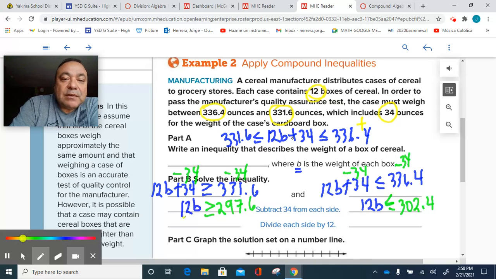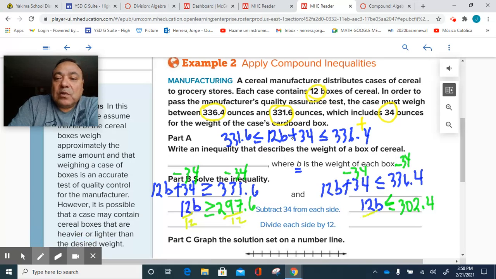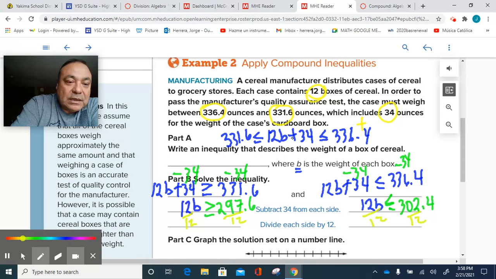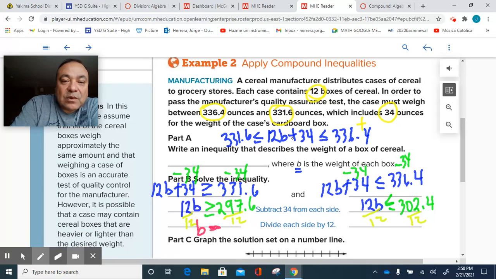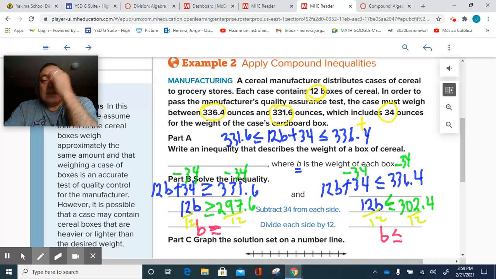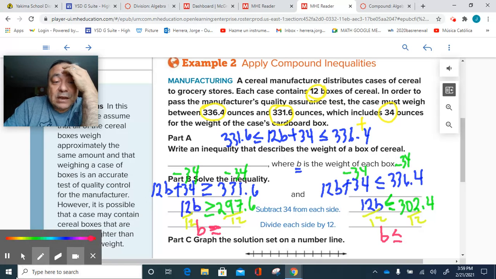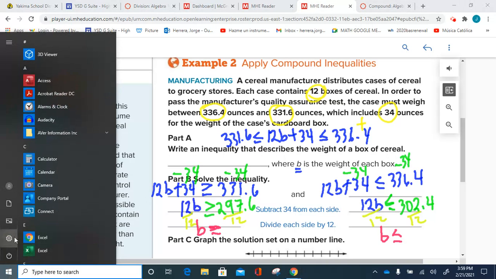If we divide everything by 12, we're going to get b greater than or equal to something, and b less than or equal to something. So let's divide 297.6 by 12, and we bring out the handy calculator. Any decimal calculator will be fine.